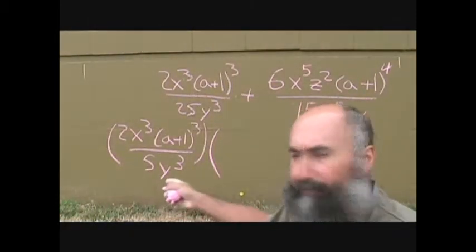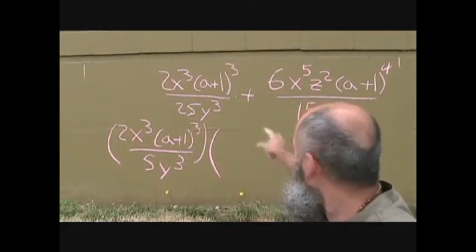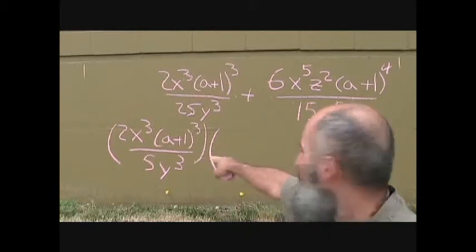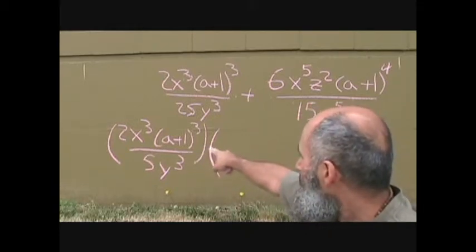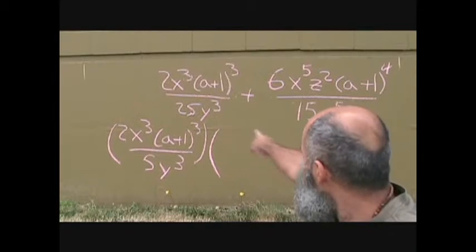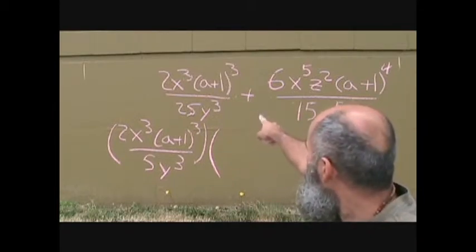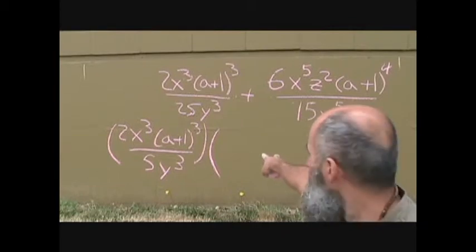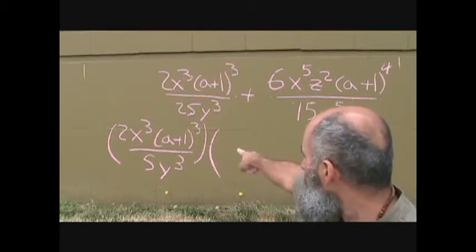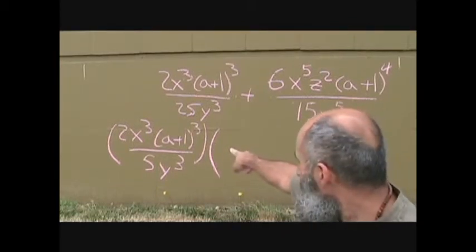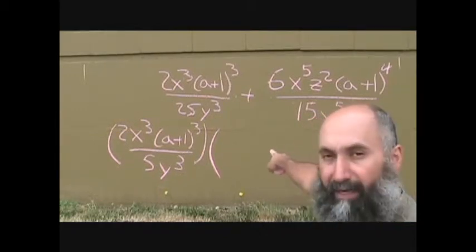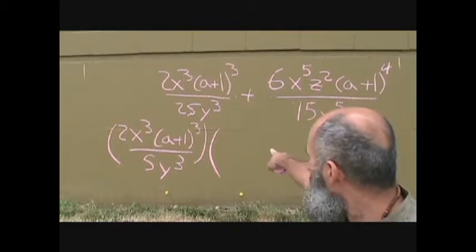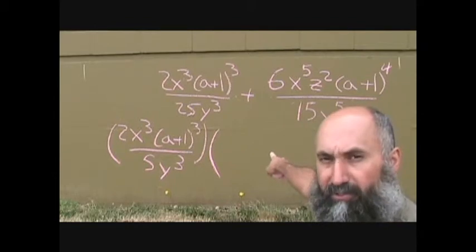Now we're going to have to figure out what's left in there after we took out all that stuff. We want 2x cubed (a plus 1) to the power of 3 for the first term inside the second bracket. Well, that's all the stuff that we got already out. So if we take the numerator over there and multiply it by the first term here, all we need is a 1 because we just have to reserve the spot.